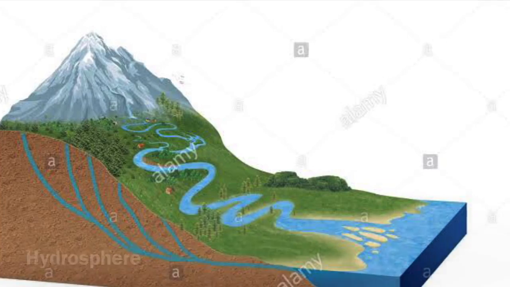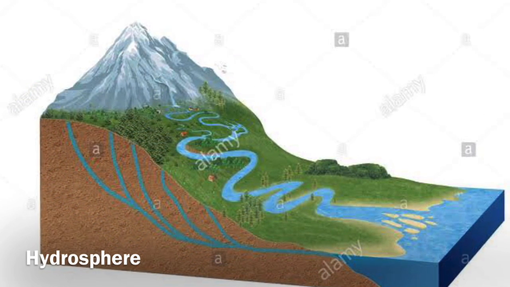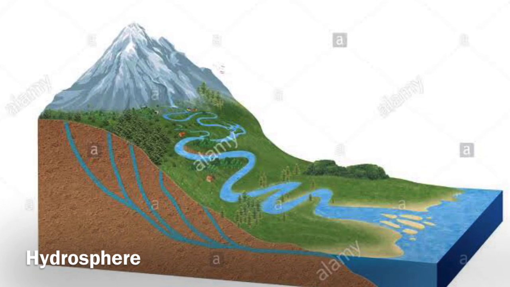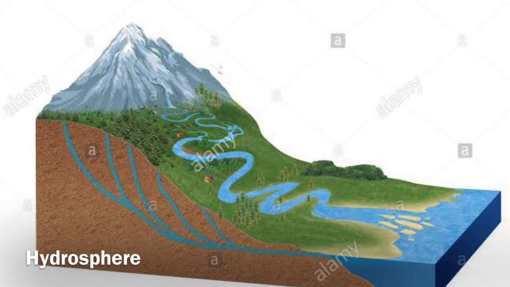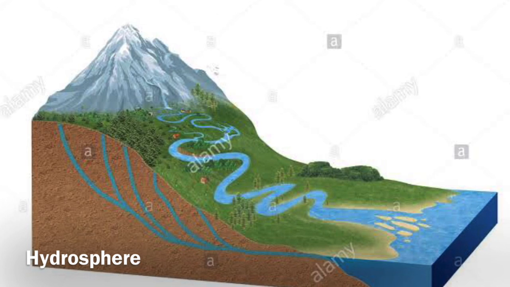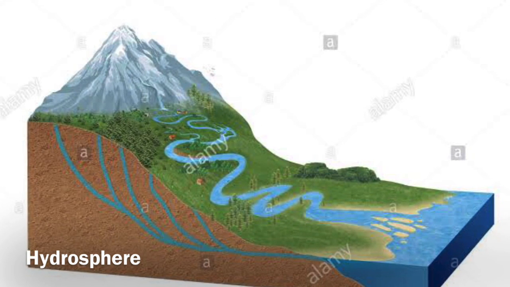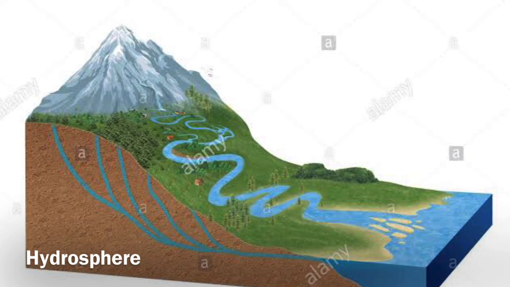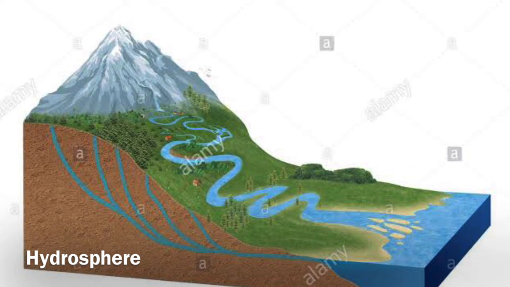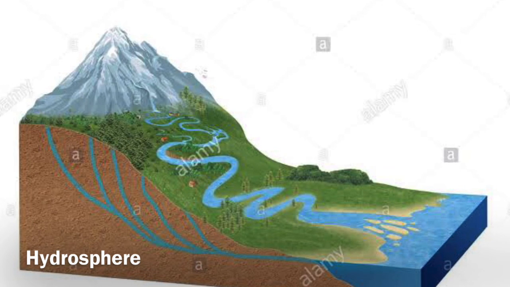Hydrosphere consists of water in various forms found on the earth, like glaciers, ocean, ice caps, groundwater, rivers, lakes, and also water vapor in the air. This is the way we have seen the different forms of water.